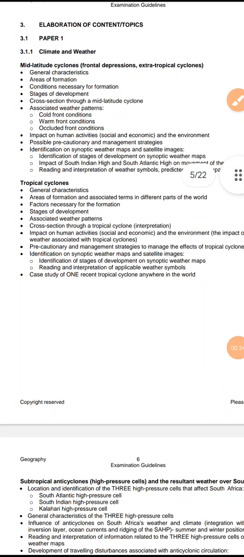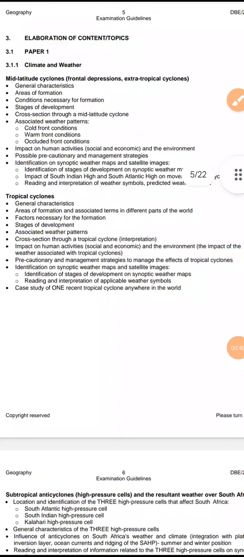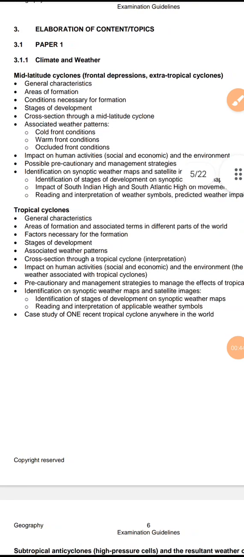So now we are going to be doing tropical cyclone. This is all the information that you need to know in tropical cyclone.